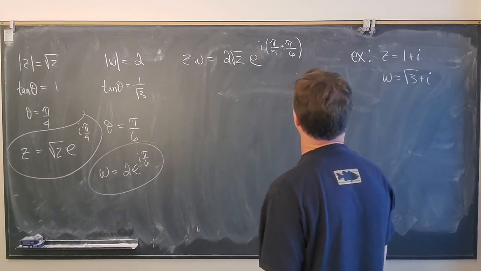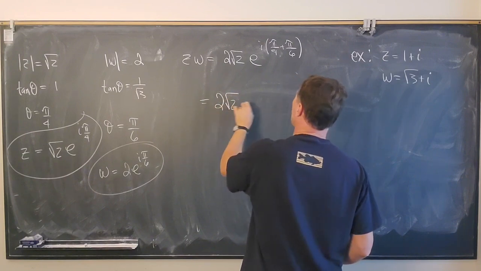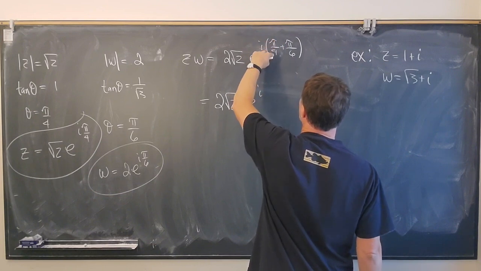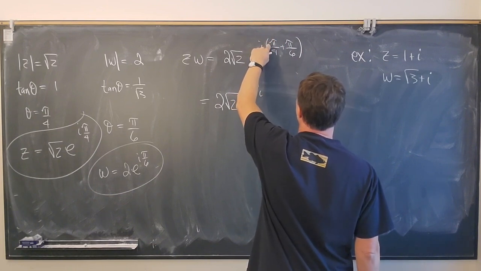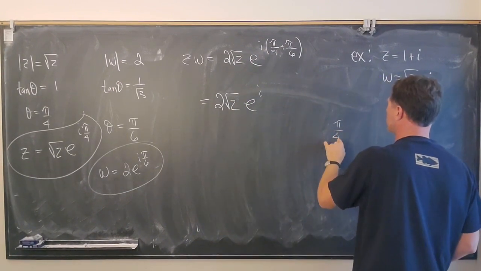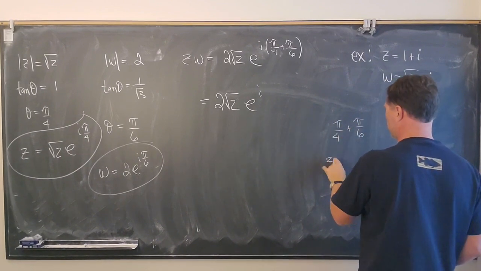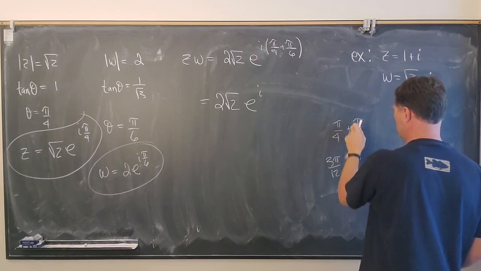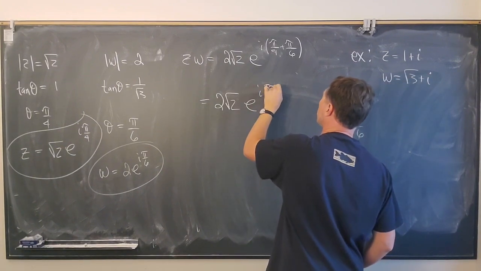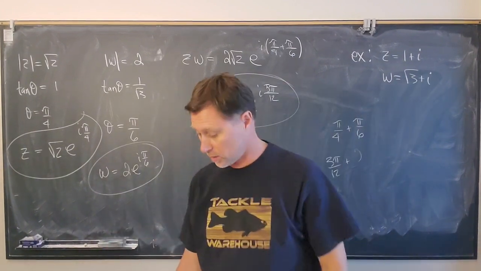The common denominator is 12. So pi over 4 is 3 pi over 12, and pi over 6 is 2 pi over 12, so that's 5 pi over 12. Right, so that gives us a nice picture of how complex multiplication works.